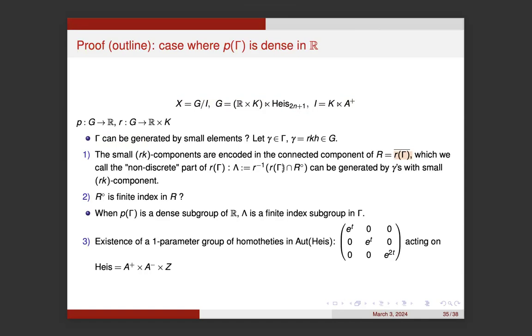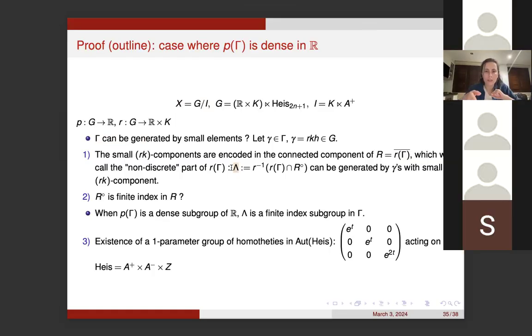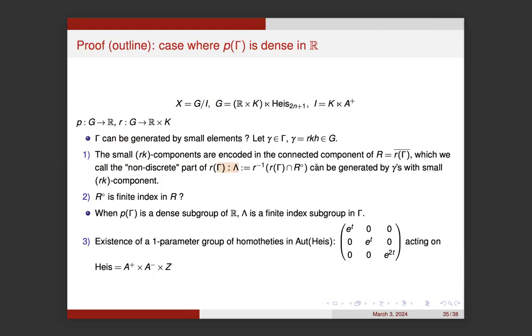So this is what I denote by R0: the projection of gamma intersected with the connected component of the identity. I take the pre-image of this by R, and I call this group gamma prime. This group can be generated with elements with small RK component.